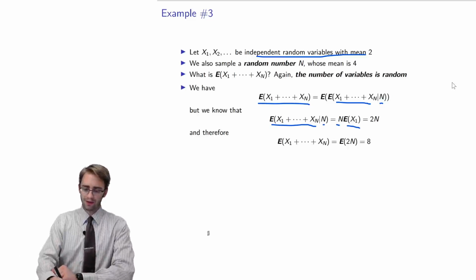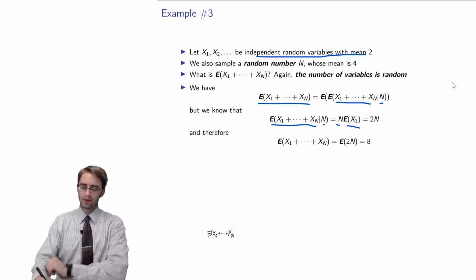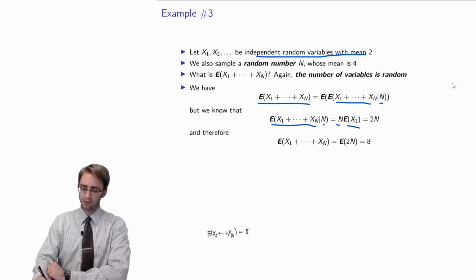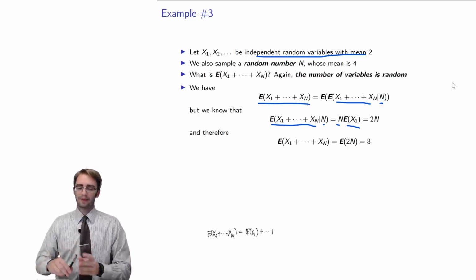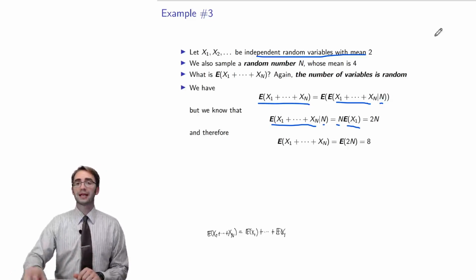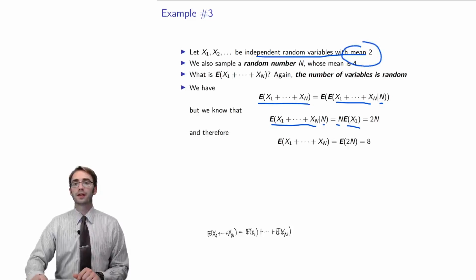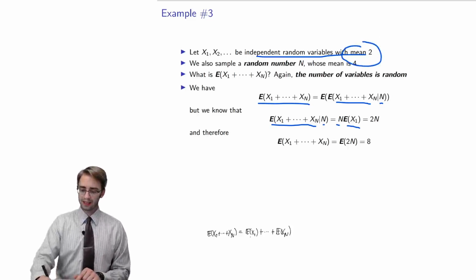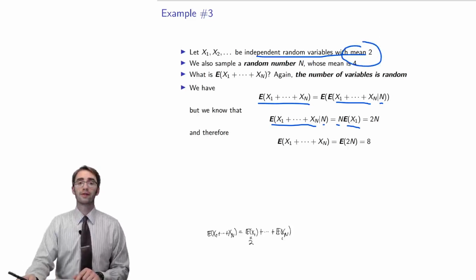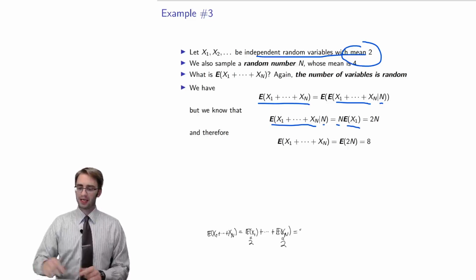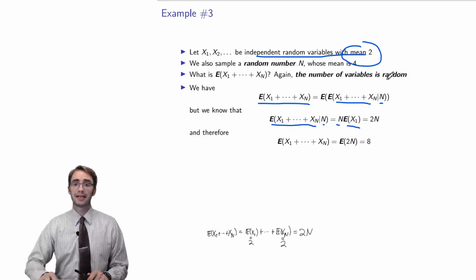Expected value of x1 summed up through xn is equal to the expected value of x1 summed up through the expected value of xn, like that. And then remember we said that all of these x's are independent random variables with mean 2, which means each one of these is just 2 everywhere. And so therefore this thing put together, the expected sum is 2 times n.